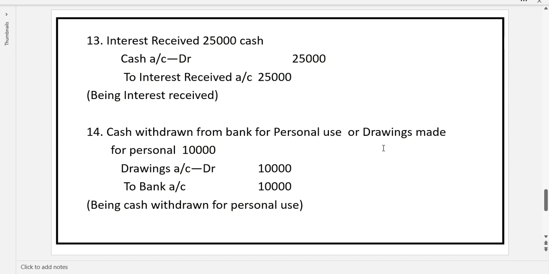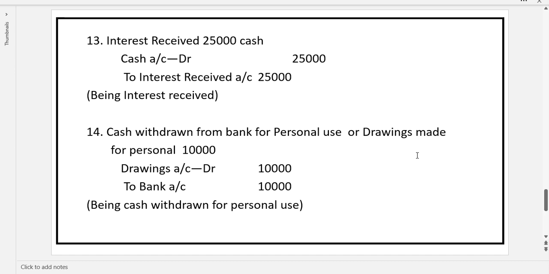We have withdrawn the amount and used it for the business purpose. It means whatever amount or item we have purchased, it is rotating inside the business only. And coming to cash withdrawn from bank for personal use, let's assume that you have put 1 lakh rupees in your business.